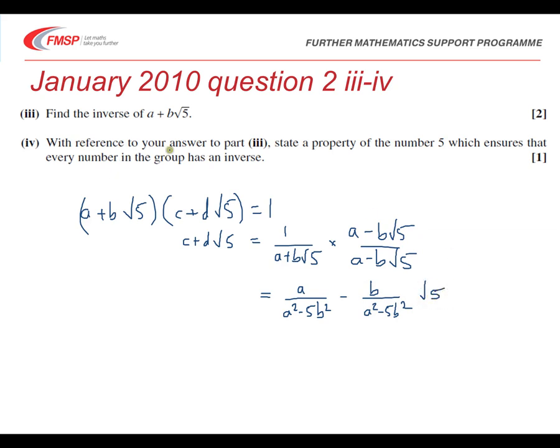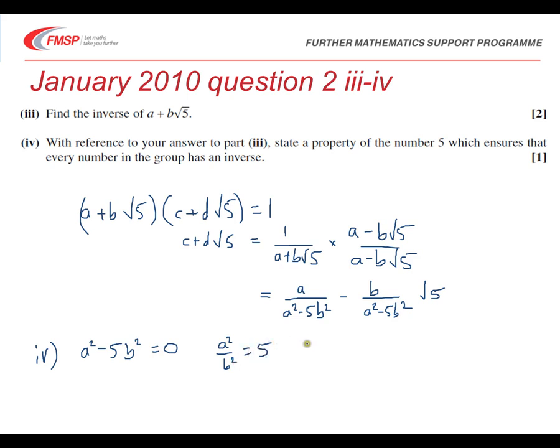Lastly then, 1 mark, state a property of the number 5 which ensures that every number in the group has an inverse. So in other words, we're being asked, does this always exist? Well, this always exists provided a squared minus 5b squared isn't 0. Could that happen? Could we have a squared minus 5b squared is 0? That would lead us to a squared over b squared equals 5.